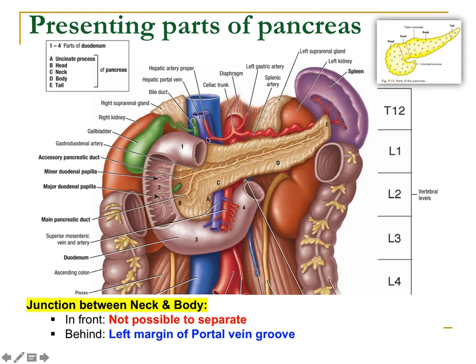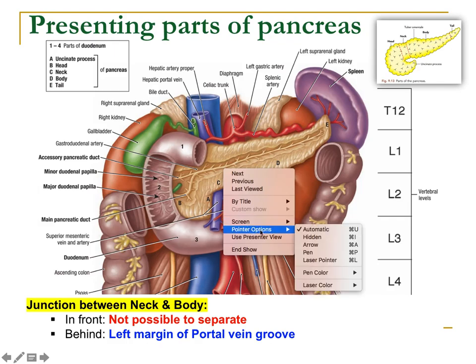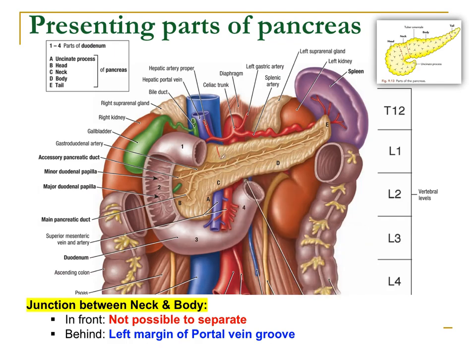But if you see from the posterior part, from behind, from the left margin, somewhere from this region, you will identify this part. So this part will be the neck, and this whole other part will be the body of the pancreas.